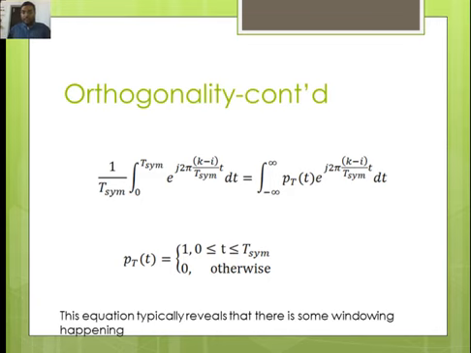So basically we can conclude that there is some sort of windowing that is happening.